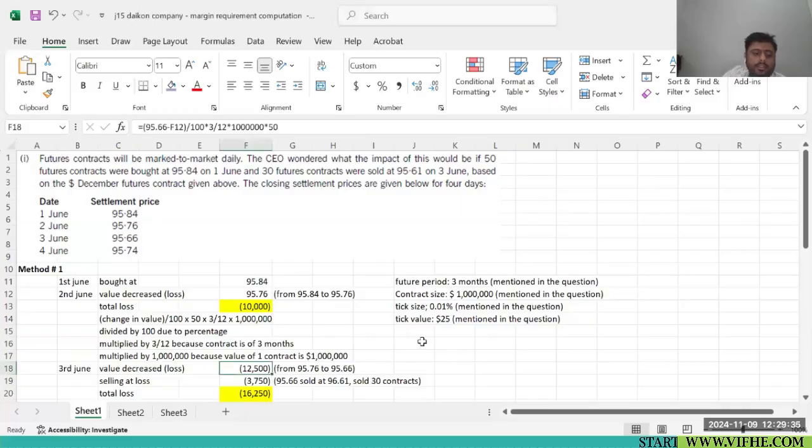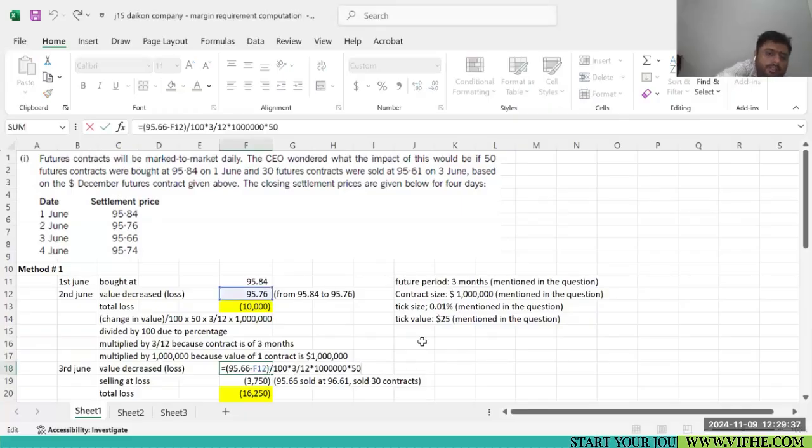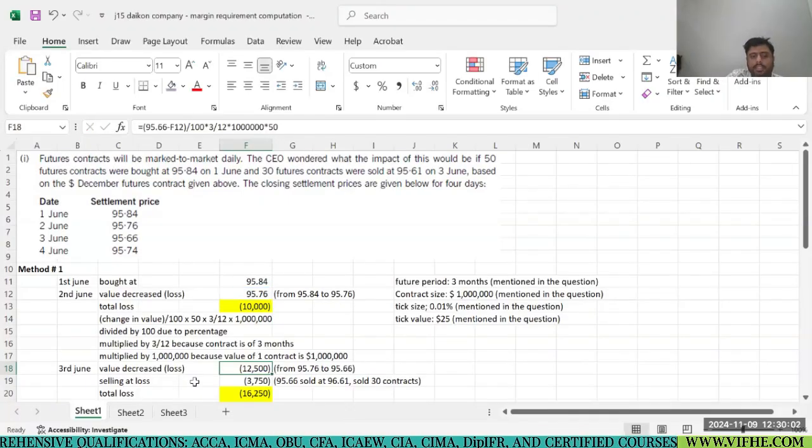Number one, there is a decrease in the value of everything. So 95.66 minus 95.76 gives you the amount of loss, divided by 100 because this is in percentage, multiplied by 3/12 because this is based on 3 months, multiplied by 1 million because the amount is 1 million, multiplied by 50. So the loss due to decrease in value is 12,500.